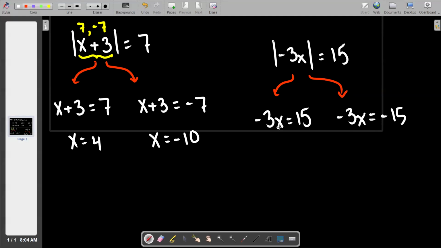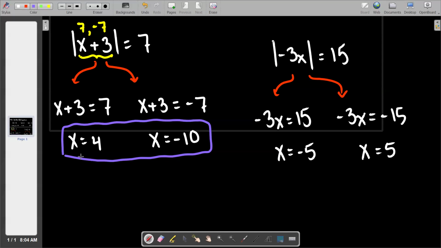But the equations that we get are not difficult. So on this one, if we divide by -3, we can figure out that x equals -5. And on the other one, if we divide by -3, we figure out that x could also equal +5. So to be perfectly clear, when we talk about solutions, the things in the purple boxes are the solutions. Everything prior to that is just the work that we do to get to the solutions.